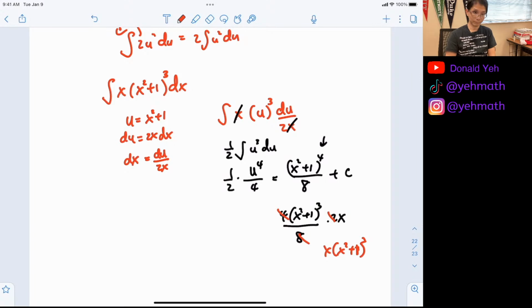Wouldn't the plus c be multiplied? Wouldn't it happen right after the integral? So then wouldn't 1/2 also be multiplied by c? 1/2 times c is still c. c is any constant. You can multiply by 2, it's still c. You can divide by 2, it's still c.